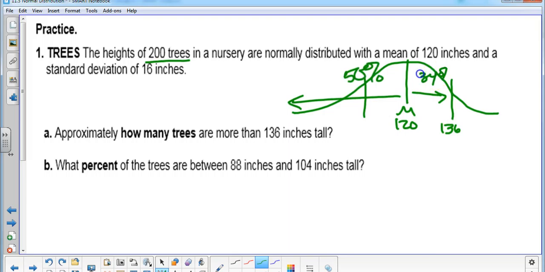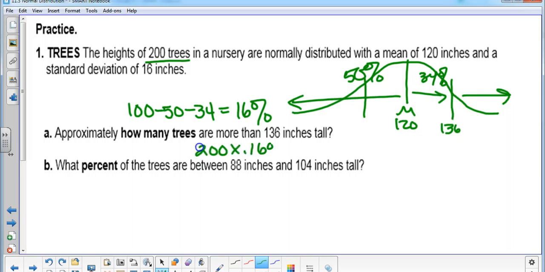This is 34. So how many are more than that? Out of all the trees, if you took off the lower 50 and the next 34, you'd be at 16% left to be above this. So 200 times 16% is absolutely 32 trees. Approximately 32 trees are above 136 inches tall.